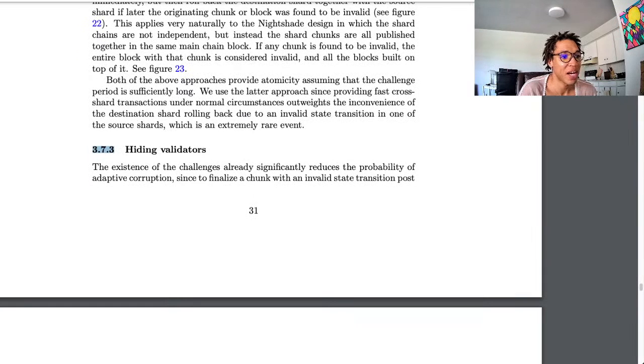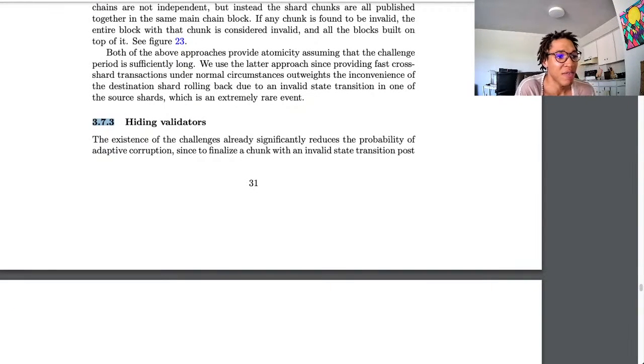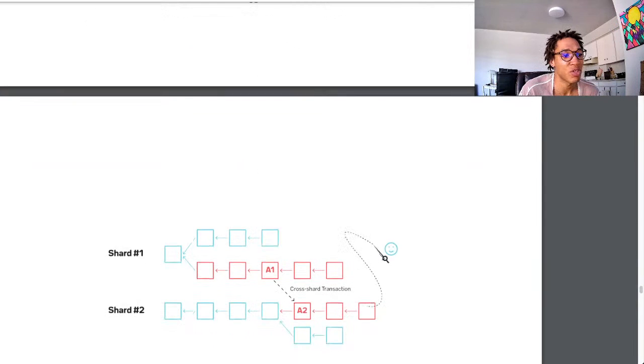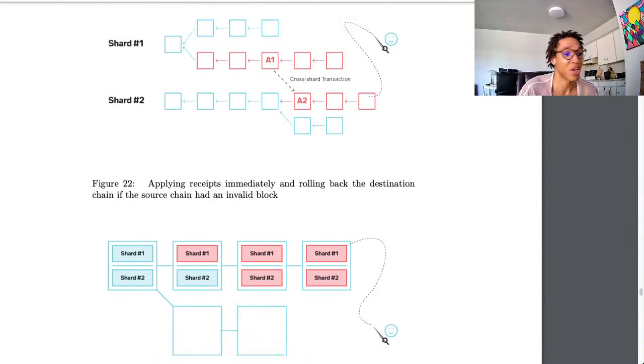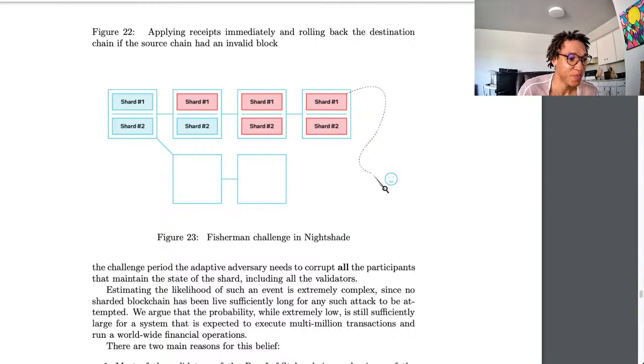3.7.3, hiding validators. The existence of the challenges already sufficiently reduces the probability of adaptive corruption, since to finalize a chunk with an invalid state transition post... and we have a lot of diagrams, I'll read first and go back up to the diagrams.